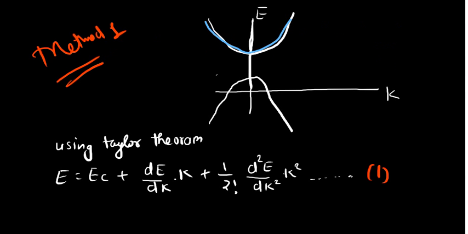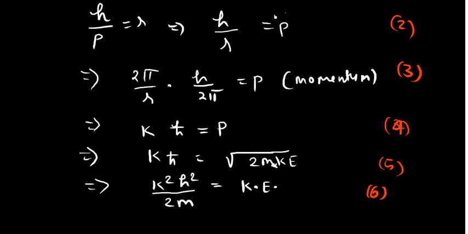So this can be written with E_C, and here the variable is K. The total energy will be given by E_C plus dE upon dK into K plus 1 by 2 factorial d2E upon dK2 into K square, and so on. And let us say for the momentum, from the de Broglie wavelength, h by lambda is equal to p, and we multiply by 2 pi upon 2 pi.